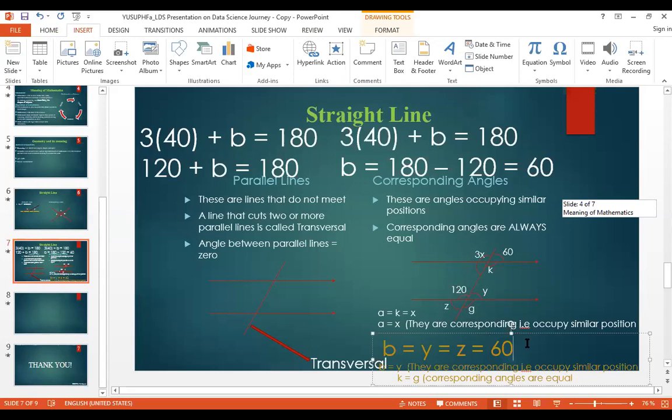So in this case now, there are two things. B, Y, and Z, they are 60.